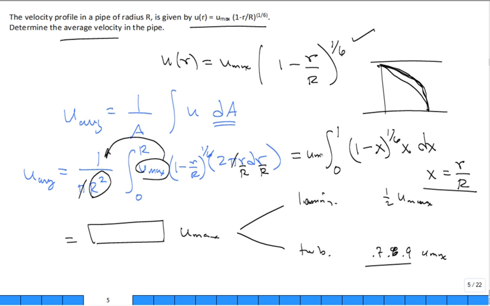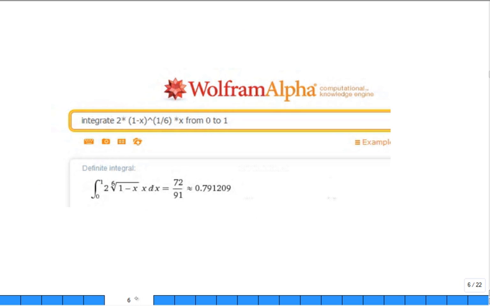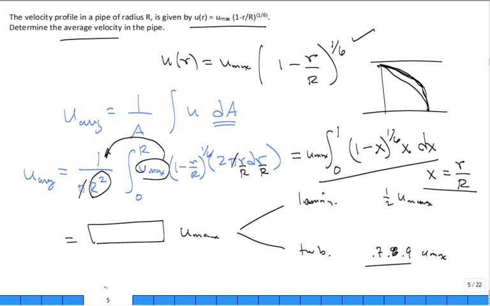Here's u max. And I don't like to do these integrals as much as you do, so I go and do them in Wolfram. And I left out the 2 right here.